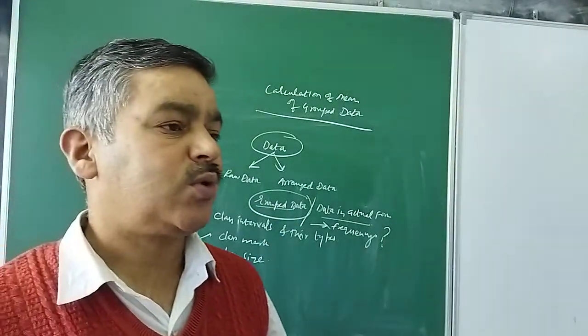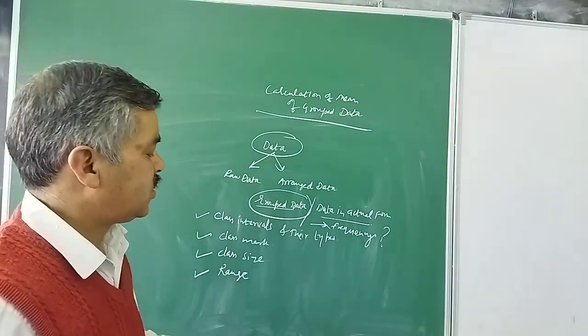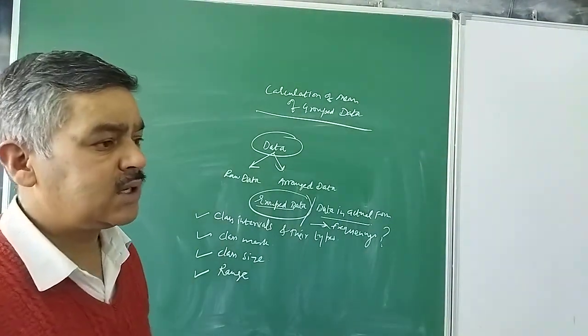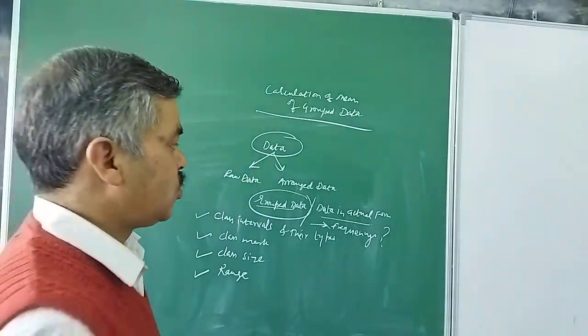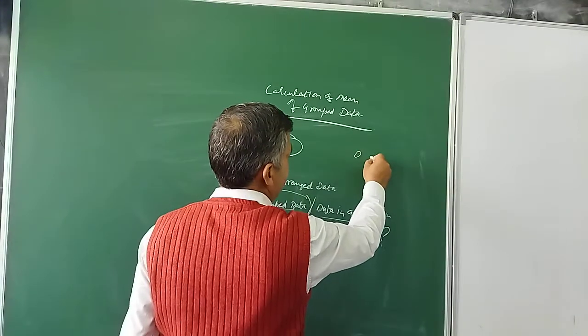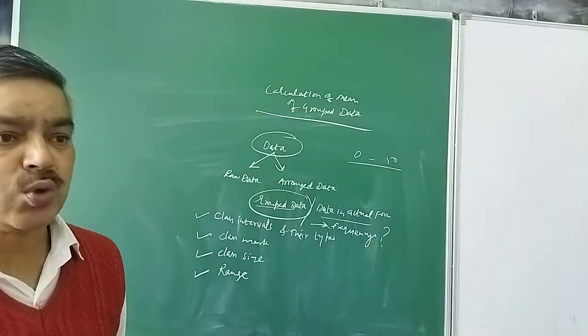I would like to quote one example here. Suppose I have conducted one test in your class of mathematics of 50 marks. Now the score can be between 0 and 50. The students can score from 0 to 50.